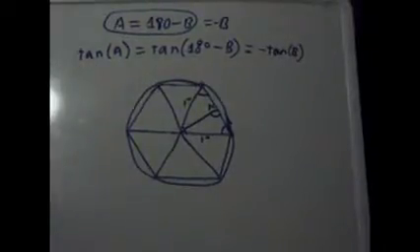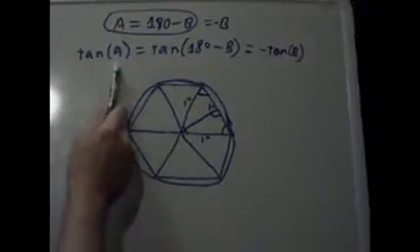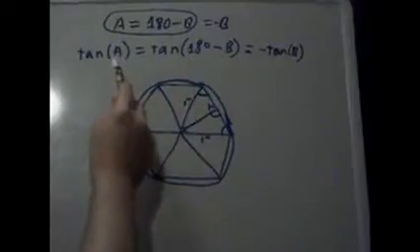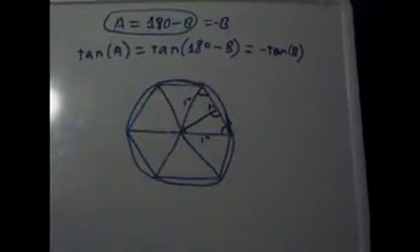So what we're saying is that if A is over 90 degrees, we're going to subtract the value of A from 180.